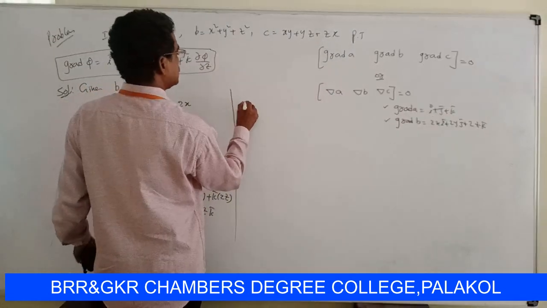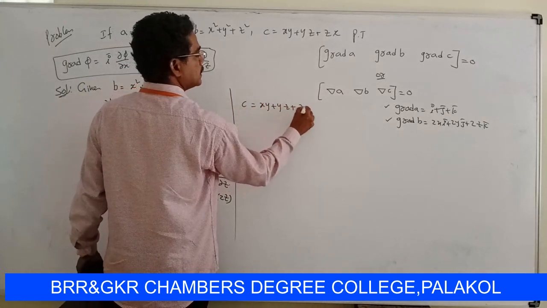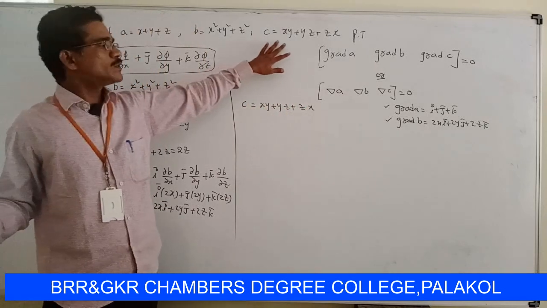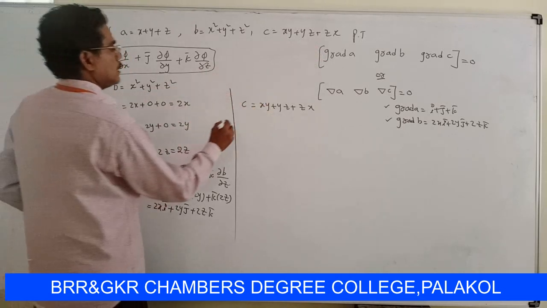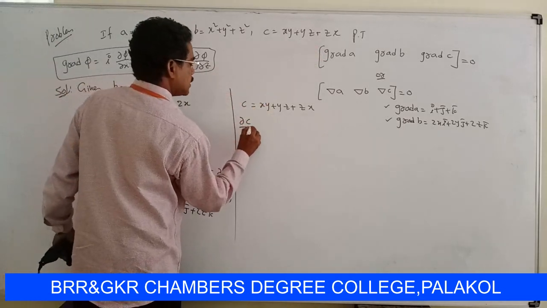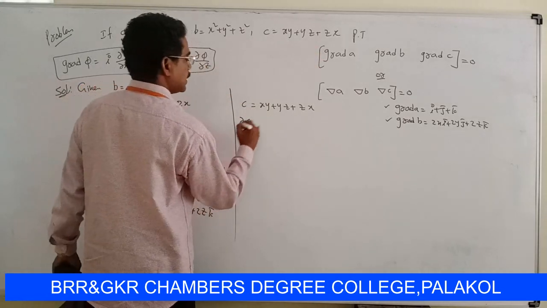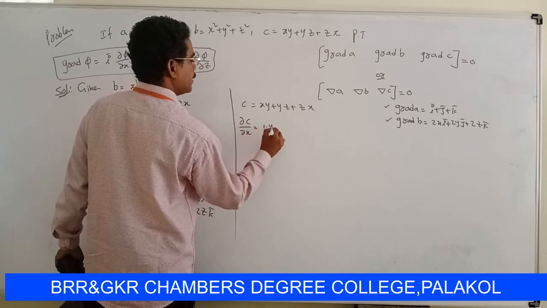Now consider c. c is equal to xy plus yz plus zx. Now calculate dou c by dou x. That means with respect to x, here y is constant, so x is 1 into y.